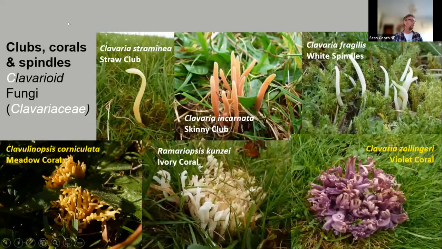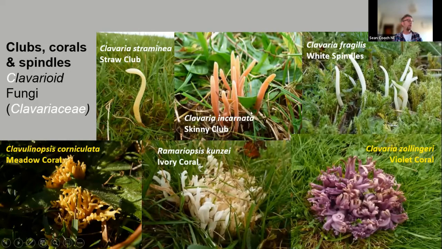And just to show everybody some of the species, a really lovely collection of what are, in English, clubs, corals and spindles. That name seems to stick now, and it's just a nice example. As you can see, they're varied. Some spectacular colours, such as the violet coral. Some species you'll find, if you're lucky, in your lawns, such as the white spindles and the meadow coral down here.